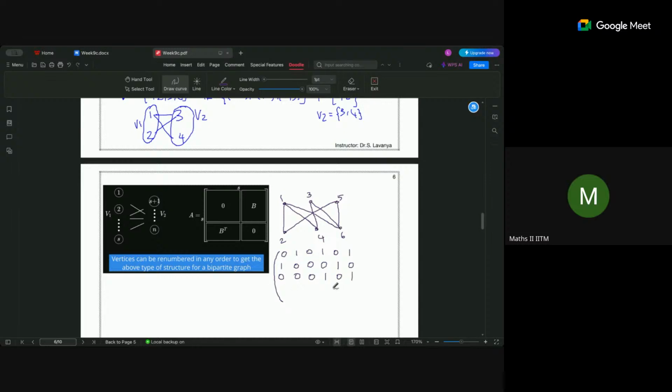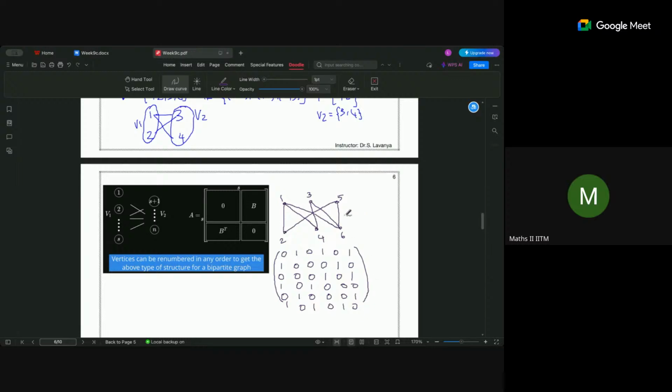Just check whether I am writing correctly. So this is the adjacency matrix.